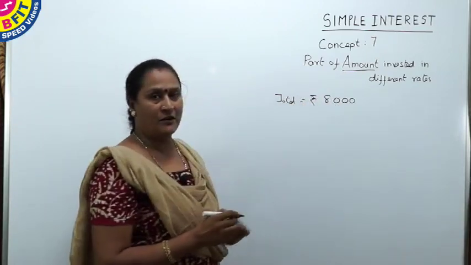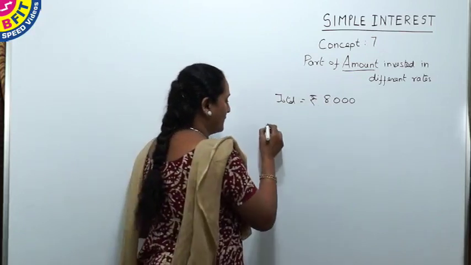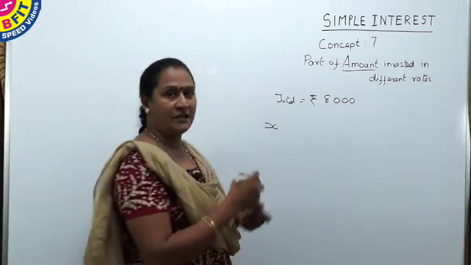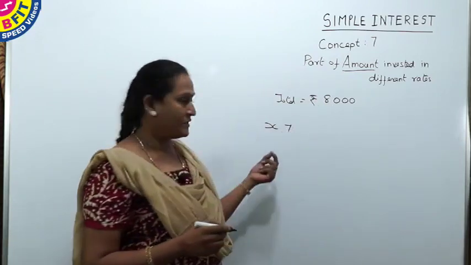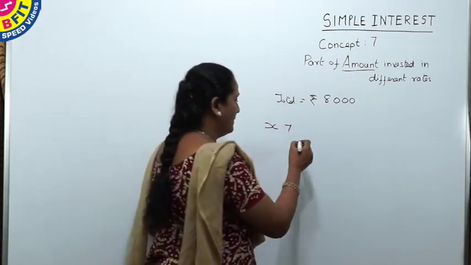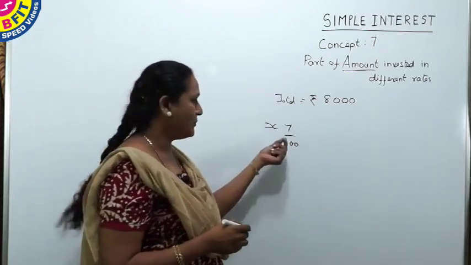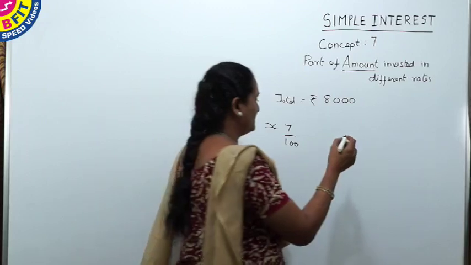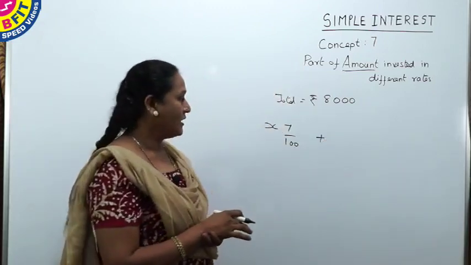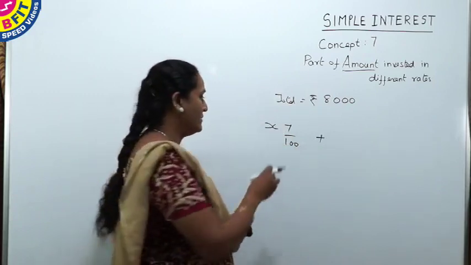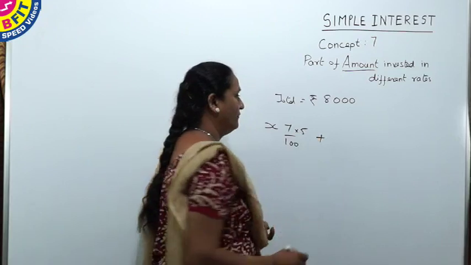So total amount invested is rupees 8,000. Suppose X amount is invested at 7% rate. So in this, what will be the interest? 7% of X. And this is for a period of 5 years, so this amount X, rate percent, into 5.